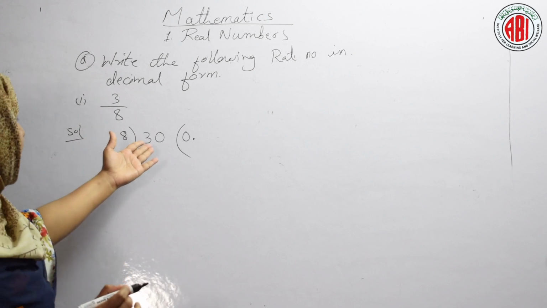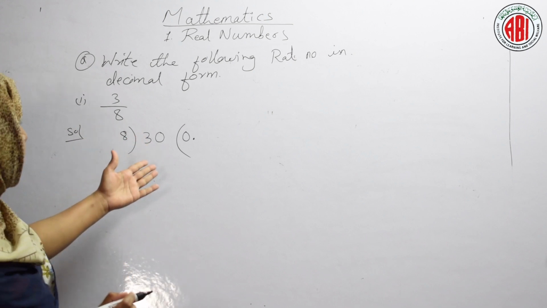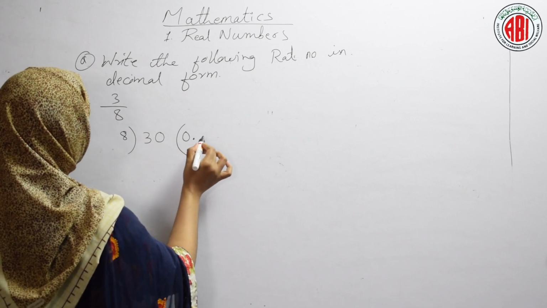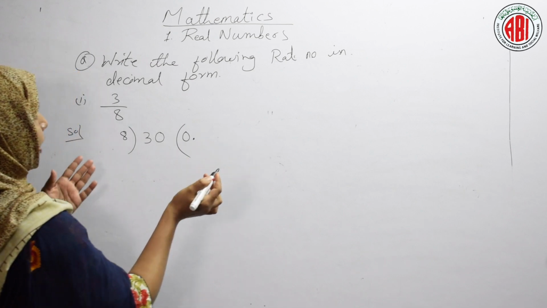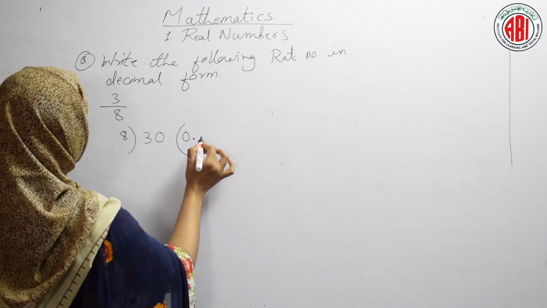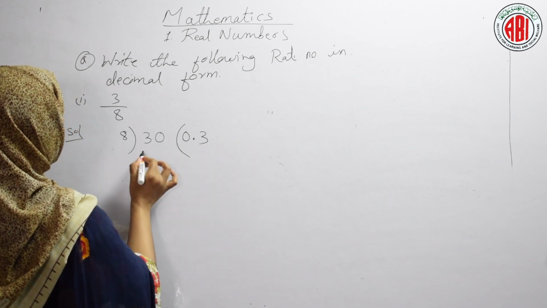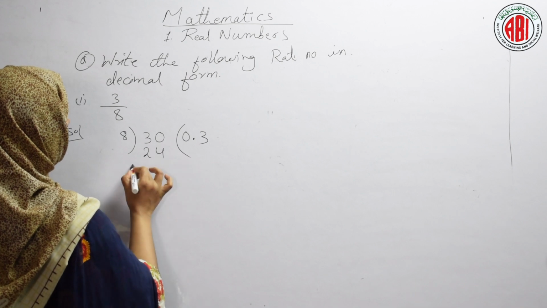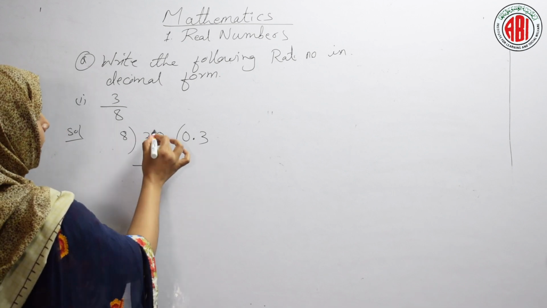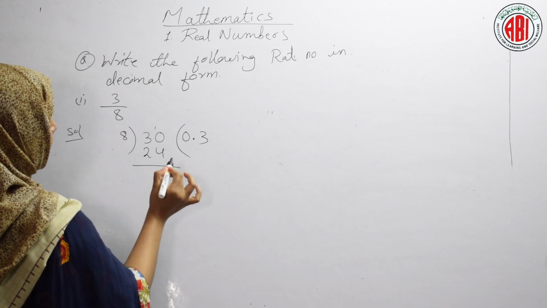So, by what number do we have to multiply to get 30? 8 3s are 24, 8 4s are 32. So, we can't write 32. So, 8 3s are 24. Borrow 1, you have to subtract this.